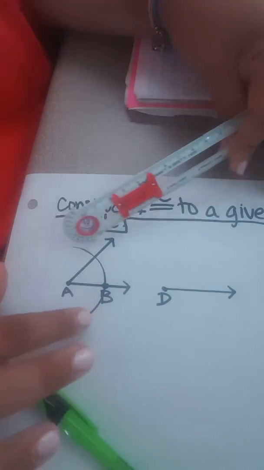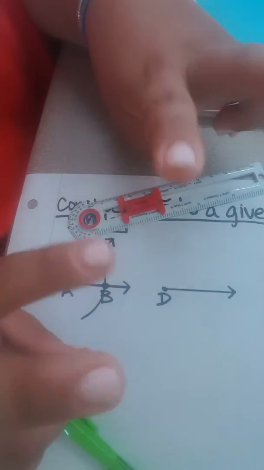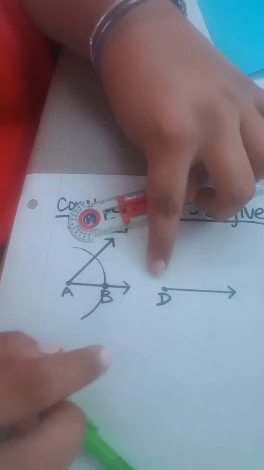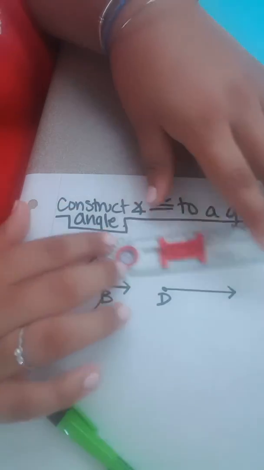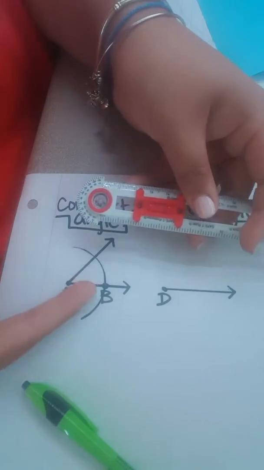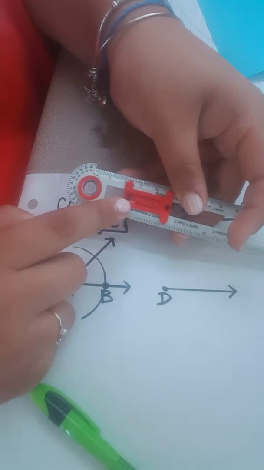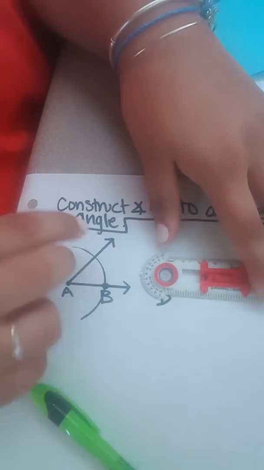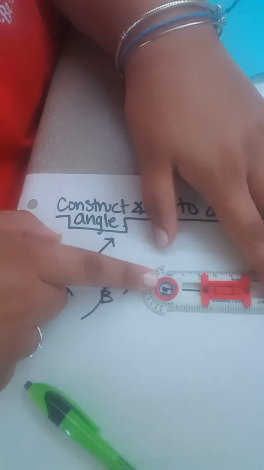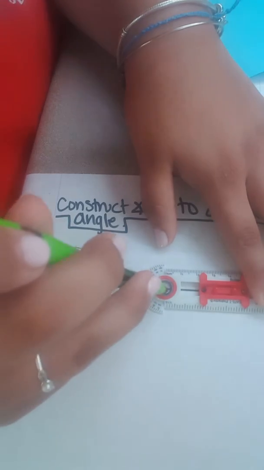So what that does is give us the distance that we need so that we can make a point B on ray D. Okay? Since we want the same exact distance, you want to use the same exact placement of this red tool, so you don't want to move it again. Place the clear tool on point D, and make sure it's stabilized.